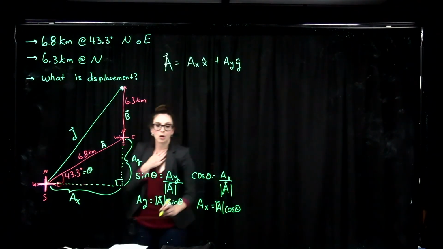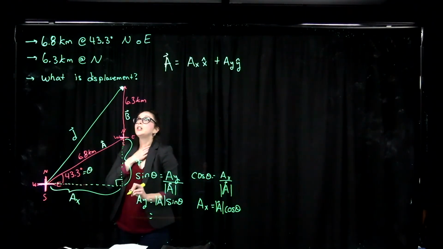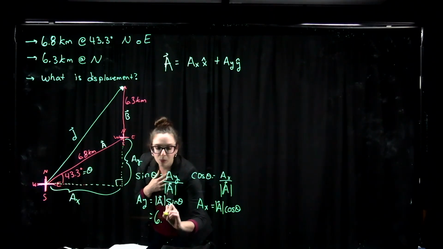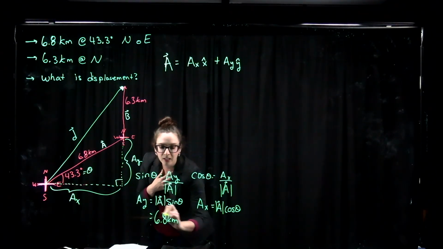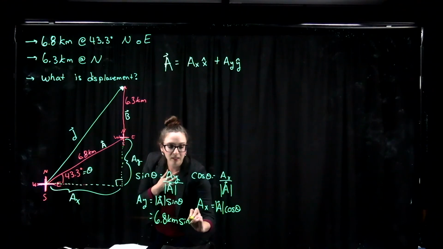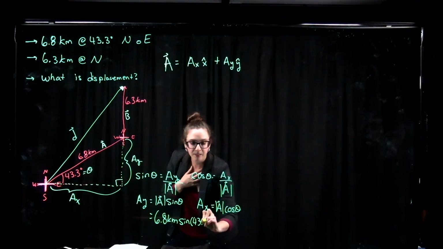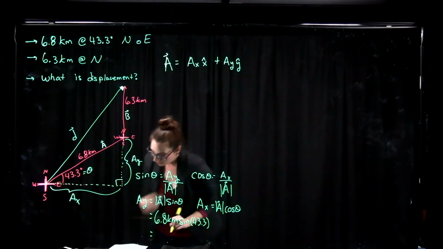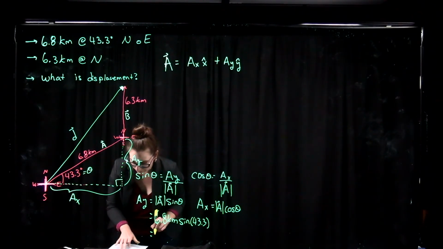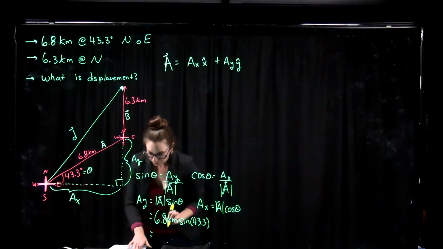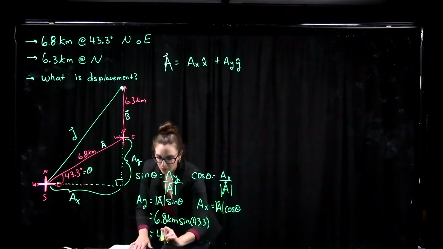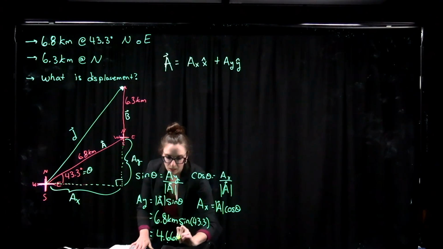So the magnitude of my A vector, that's 6.8 kilometers times sine of 43.3 degrees. So the Y component of my A vector then is 4.66 kilometers.